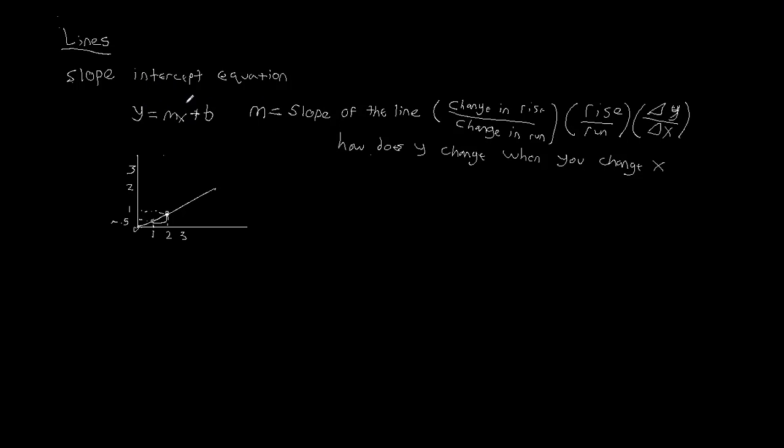So that's the m. Well, what about this b? b is what's called the y-intercept, or sometimes you'll see it called the intercept, the intercept of the line.